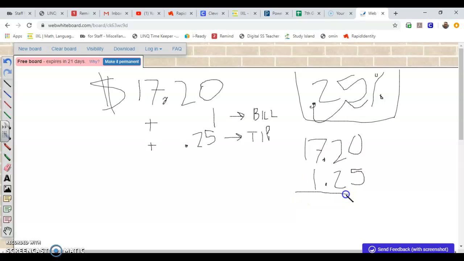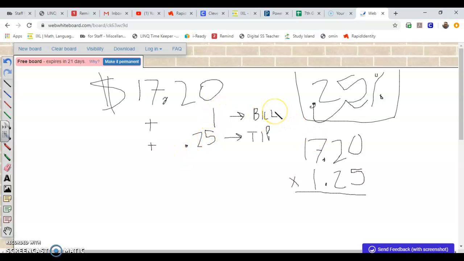Alright, so I want you to know though, that if the question asks just for tip only, then you would leave this 1 out. If you're only asking for tip, how much the tip is, then you leave the 0.25 and you don't use the 1.